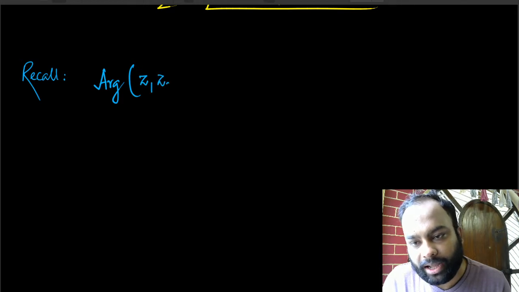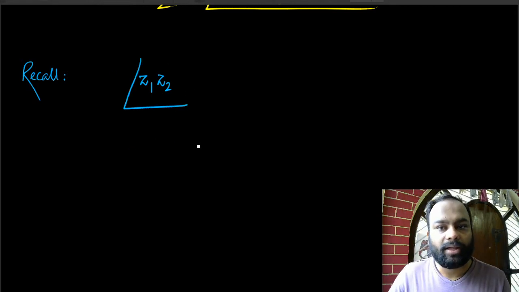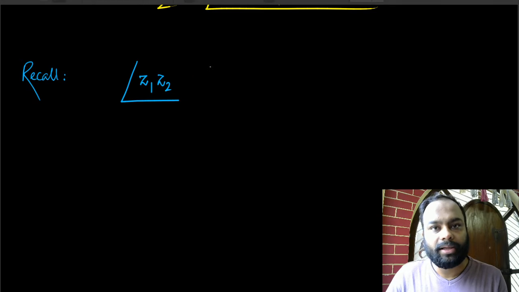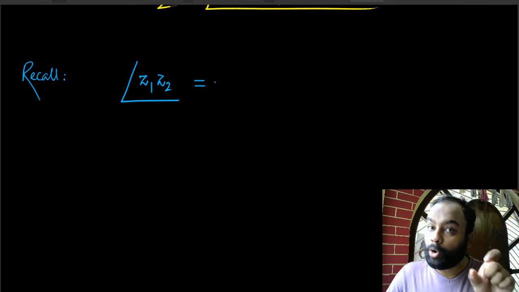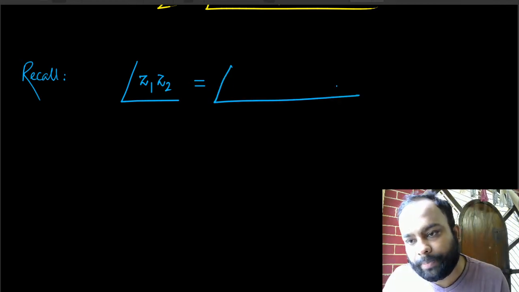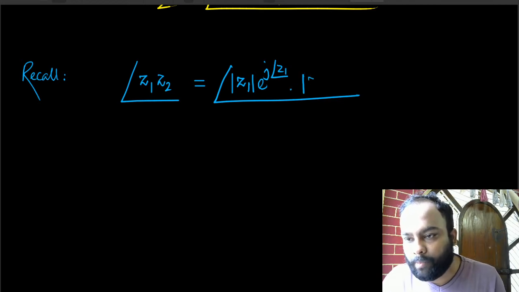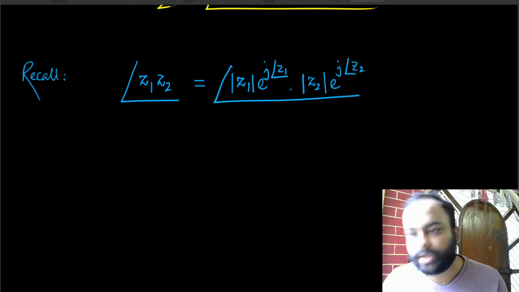In school you used to write arc, nowadays we just write angle. Every complex number has a polar representation. What was the polar representation? This is mod z1 e to the power j angle z1, and this is mod z2 e to the power j angle z2.